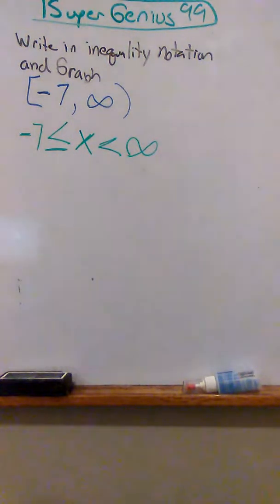So x is greater than or equal to -7 and then less than infinity. Okay, so that's your inequality notation. Now let's graph that as well.